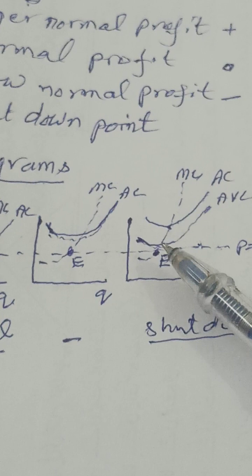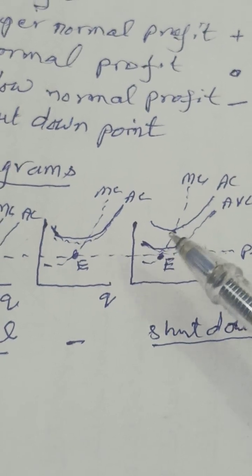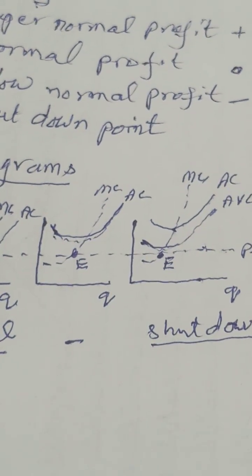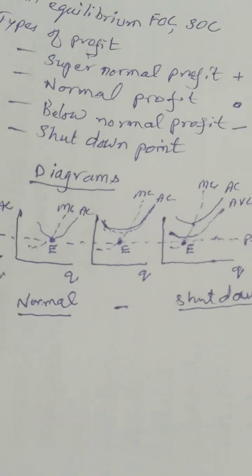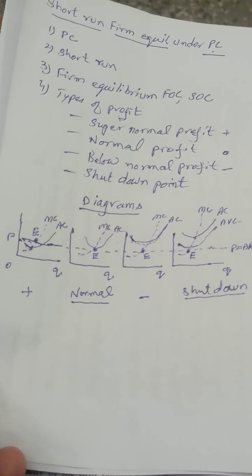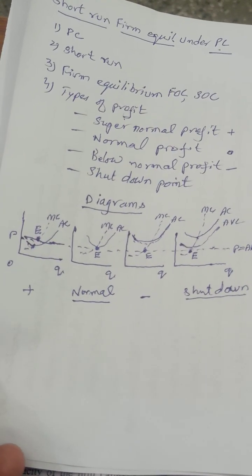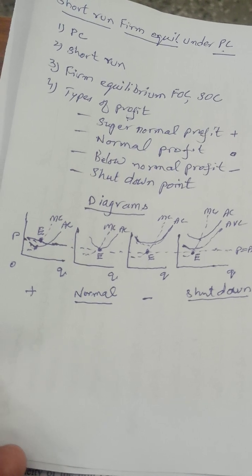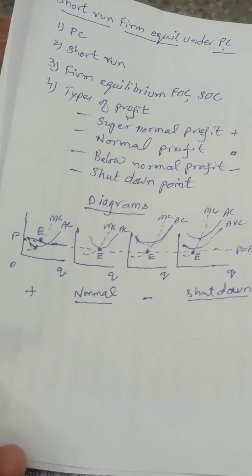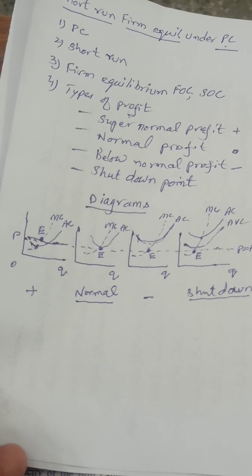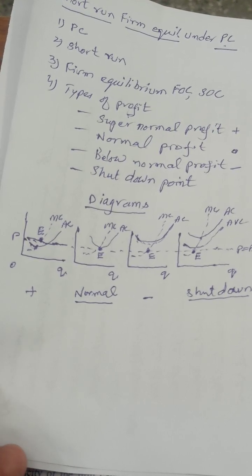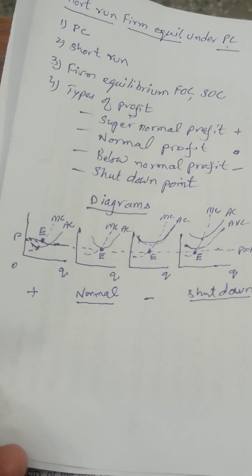Only a short run equilibrium takes place in this situation. In the long run, a firm cannot be willing to bear loss or stay below its average cost curve.